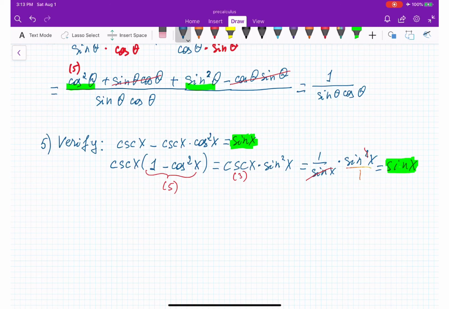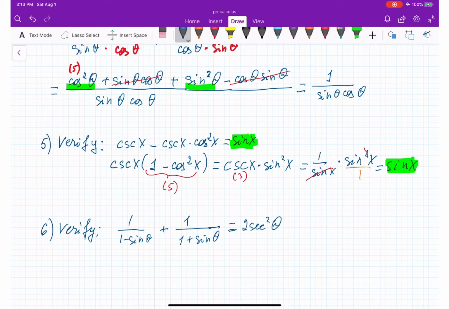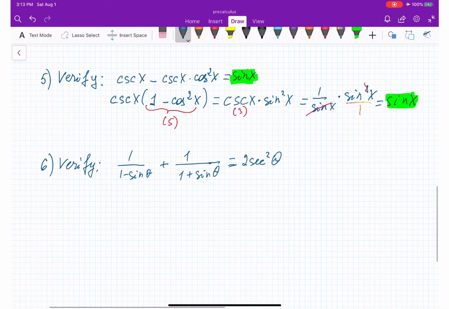Show that 1 over 1 minus sine theta plus 1 over 1 plus sine theta, and that is we have to prove or verify whether it's equal to secant square theta. Okay? Alright, let's start working.